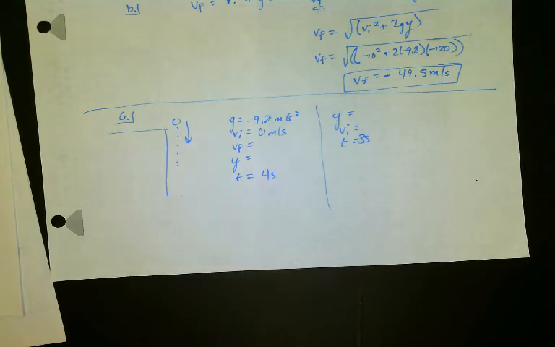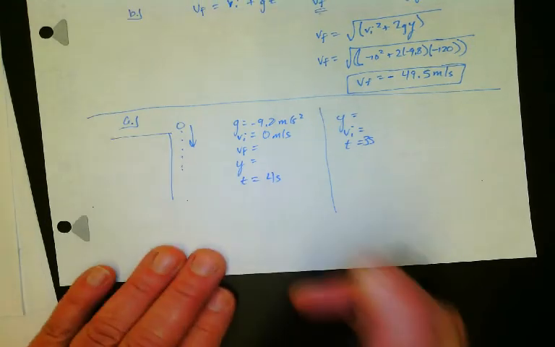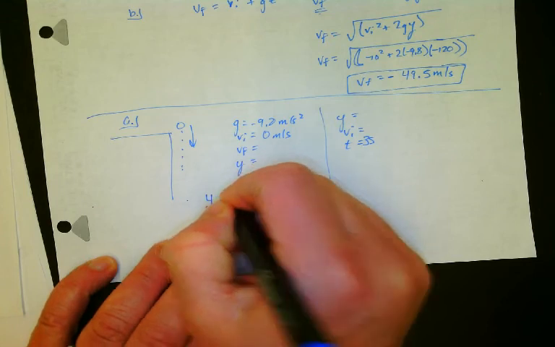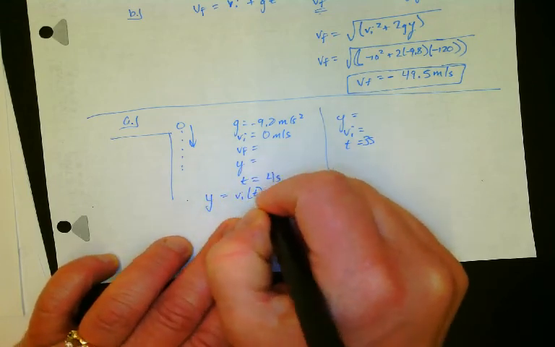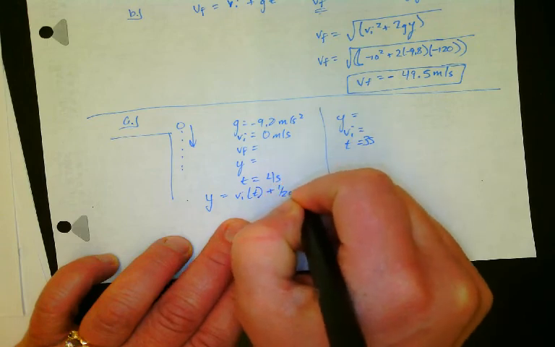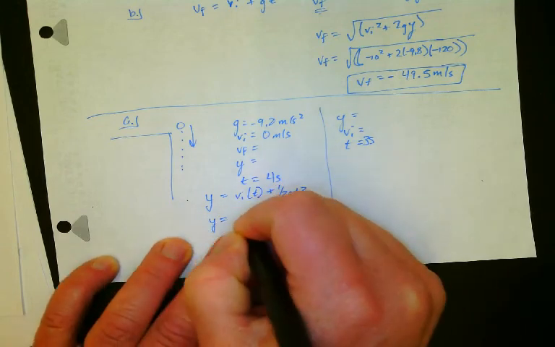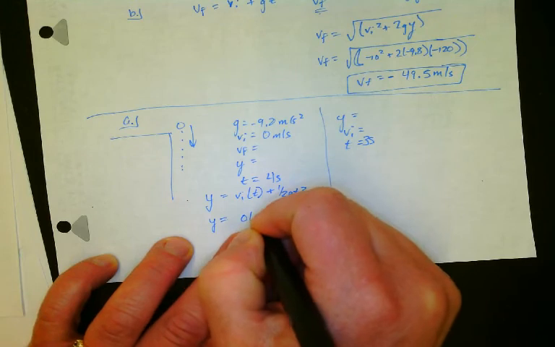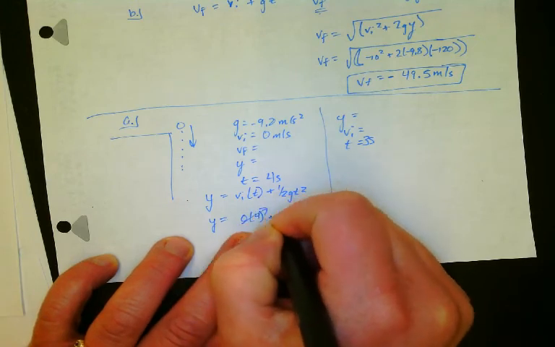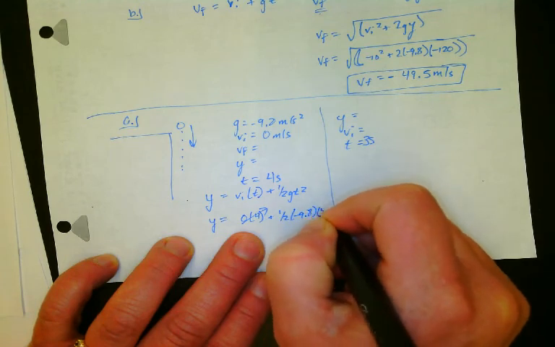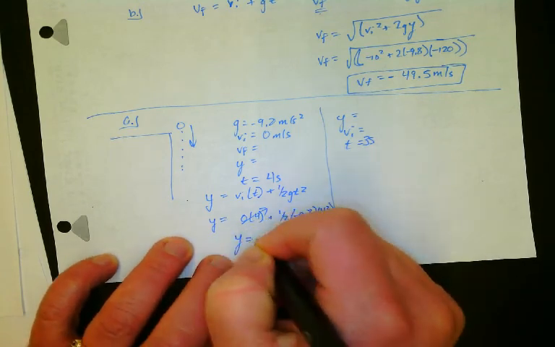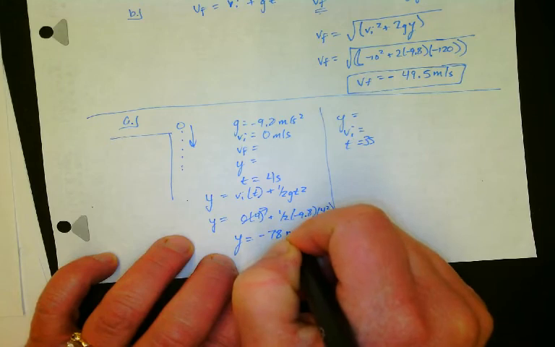Do I have everything I need to figure out y in this situation? Well, you have to find the y first for the cliff. You're right. And what do you get for y in that situation? I got negative 78. Negative 78 meters.